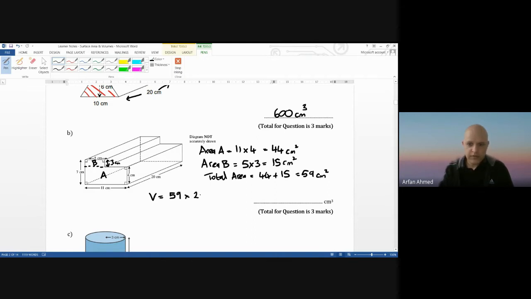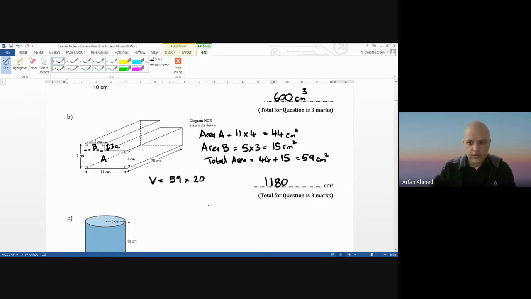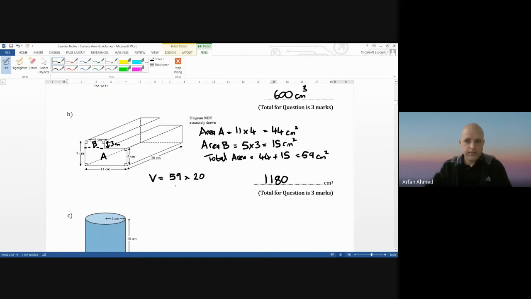So it's 59 times 20. Let's work that out. We get 1180. Yep, and it's got centimeters cubed on the dotted line. That's fine. Yep, that's your answer for that one.